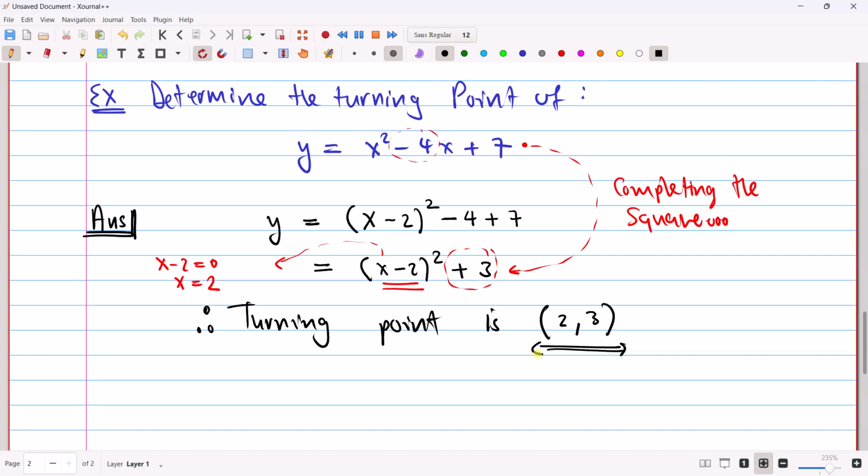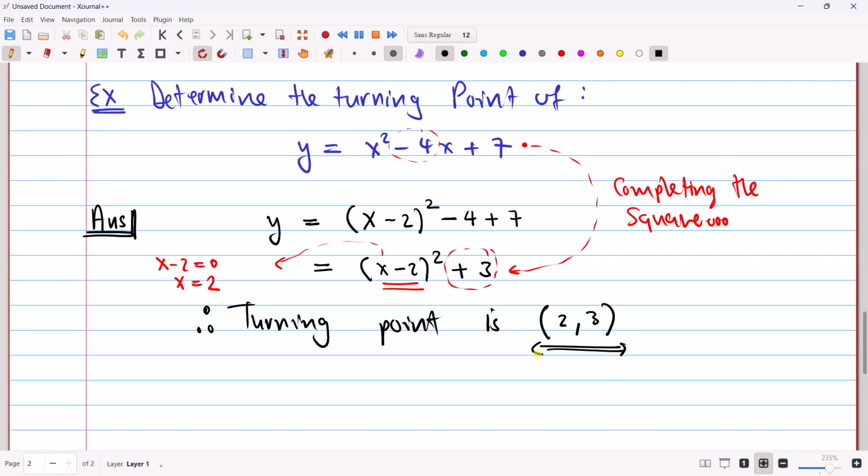Then they will say, write down the turning point. If they say write down, it means you don't have to work it out. Every question in maths which says write down means you must be able to see the answer. So in order for you to see the answer, you must have the equation in this format. Then you just extract your information out. But I used a very simple example to demonstrate this technique.